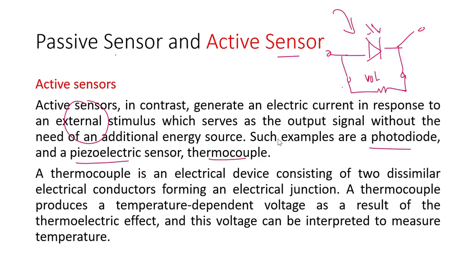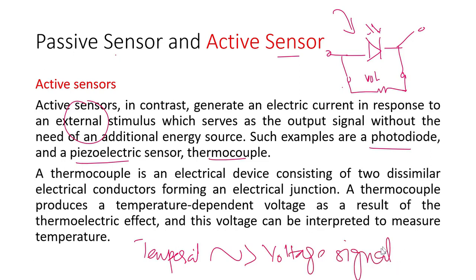A thermocouple also behaves the same way. We give a signal as temperature to it, and this temperature is converted to voltage signals, and those signals are then used for measurement purposes. If we check, this system is not using any external source. It is just converting the data that we are giving to it.